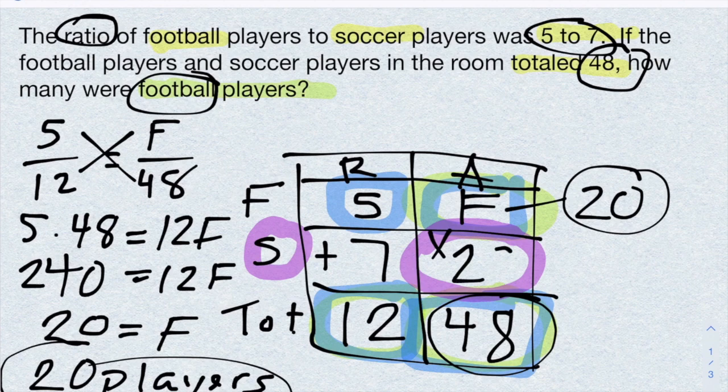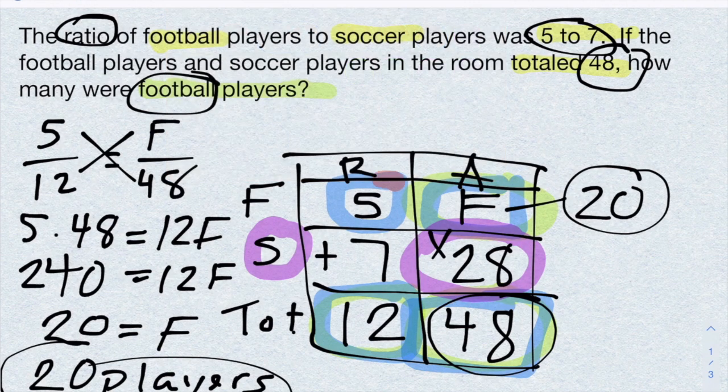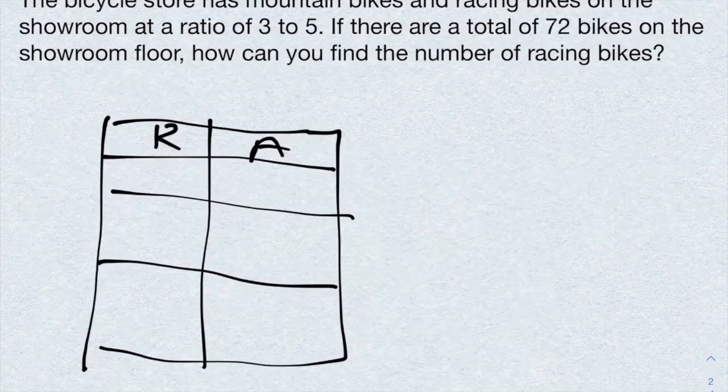So I can use my head and say, well, 20 plus 28 gives me 48. And it's important that you always check your work. So I have a small number and a big number. Do I have a small number and a big number? I do. Okay, so let's go ahead and do our practice set.